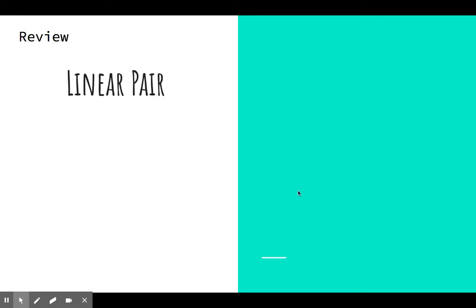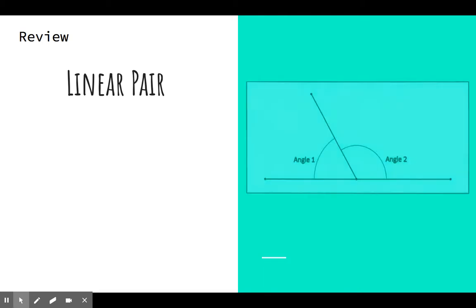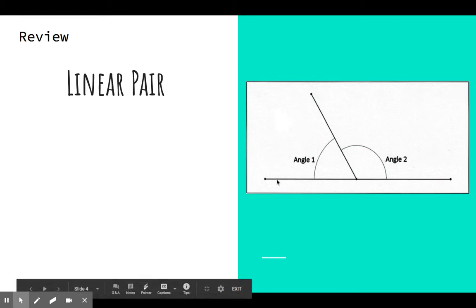Okay, next let's review linear pair. We can see from the word linear that the word line is there. So we can think of it like making a line. So as you can see here, angle 1 and angle 2 are making this line here.